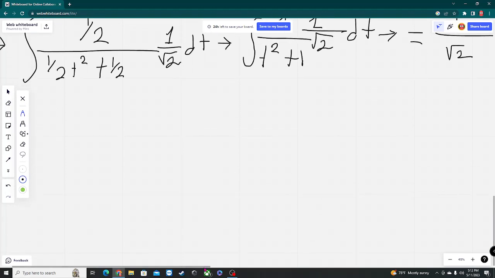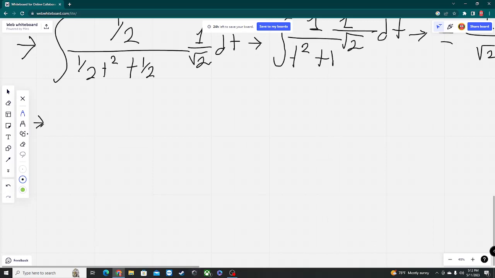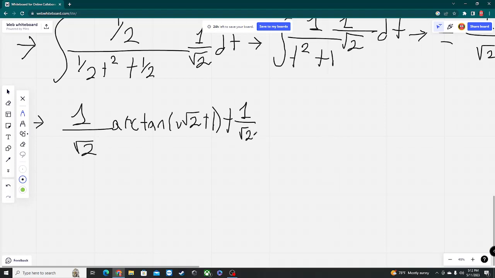Let's go down even more vertical here. So now we are working with 1 over square root 2 arctan u square root 2 plus 1, plus our 1 over square root 2 arctan.